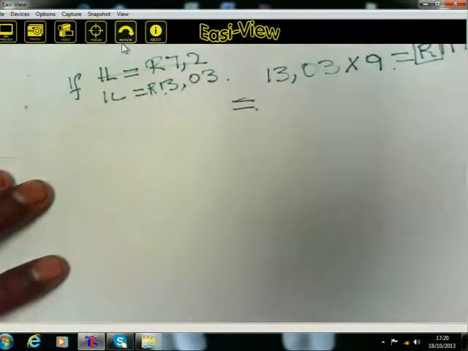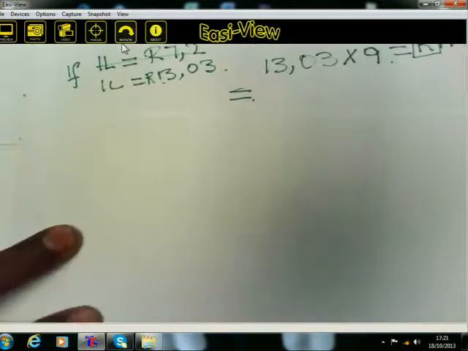Let's say the same one of speed, distance and time.